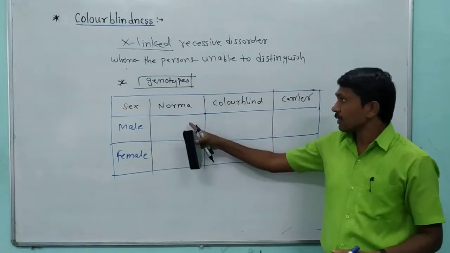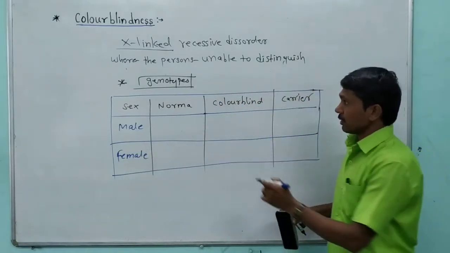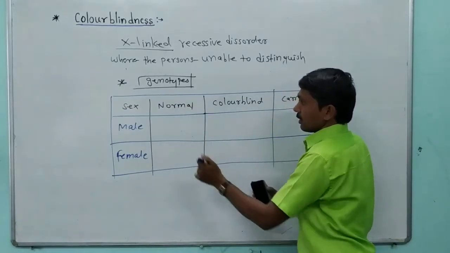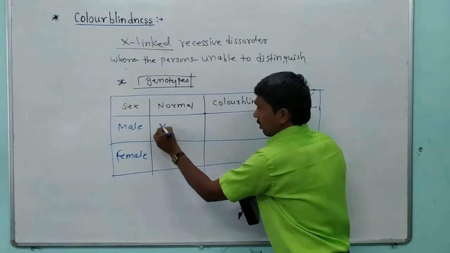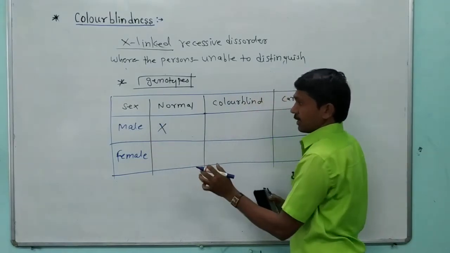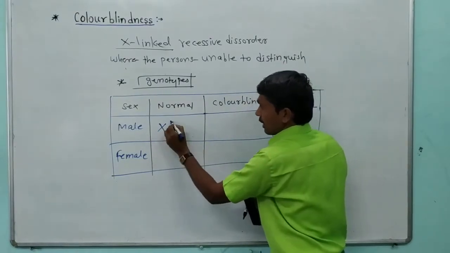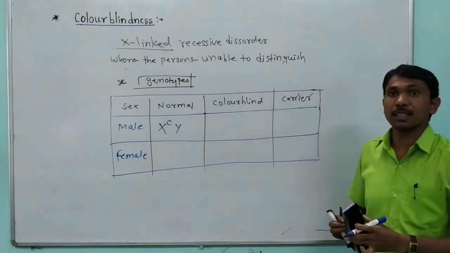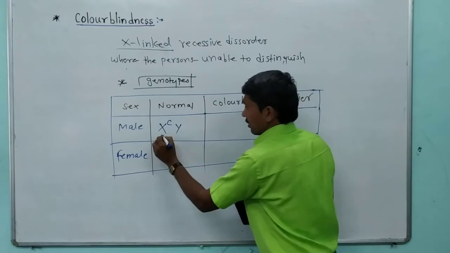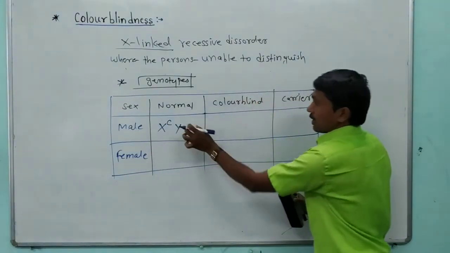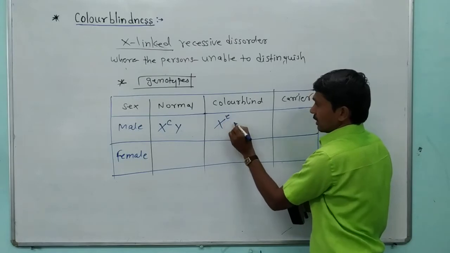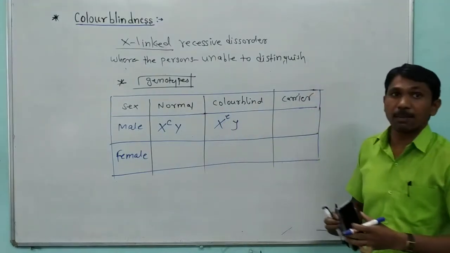In this chart of the genotypes, write down: the male is normal when the dominant gene is present. The dominant gene is X capital C, and small c is the recessive gene. So here X^C Y is normal, and X^c Y is the color blind male.